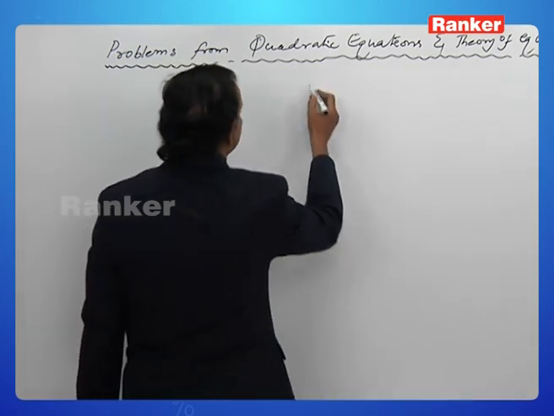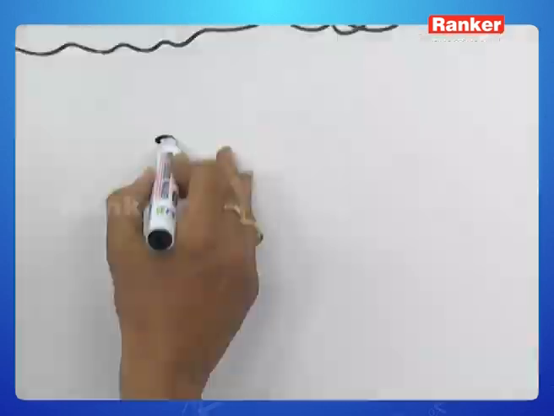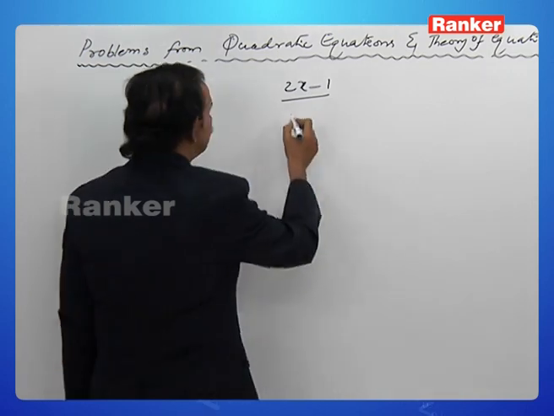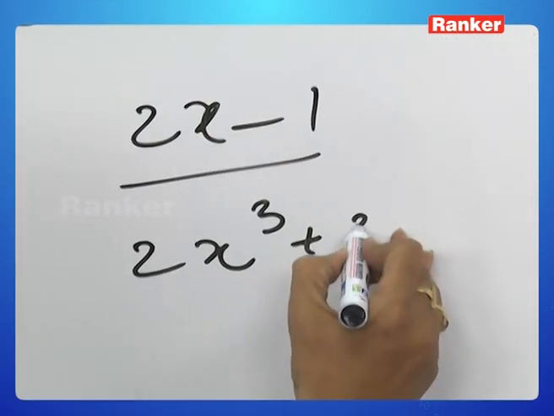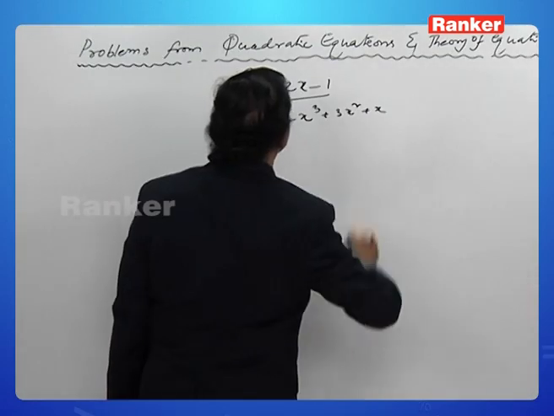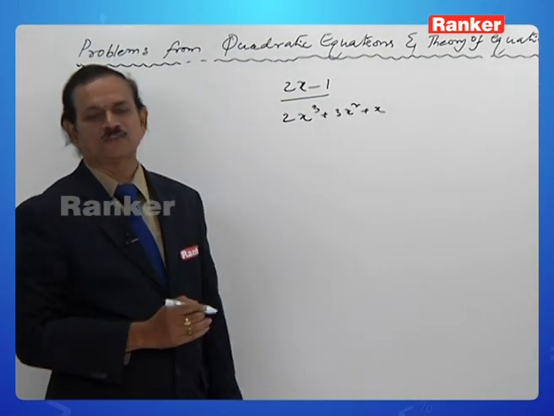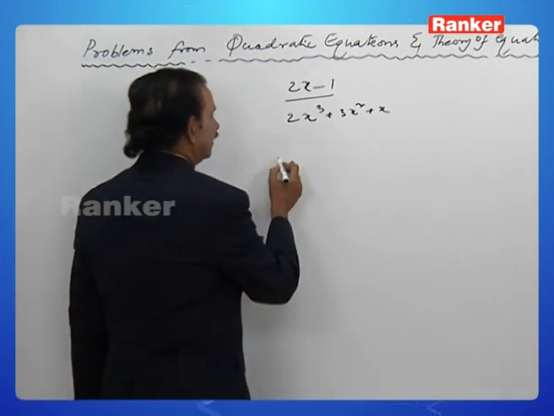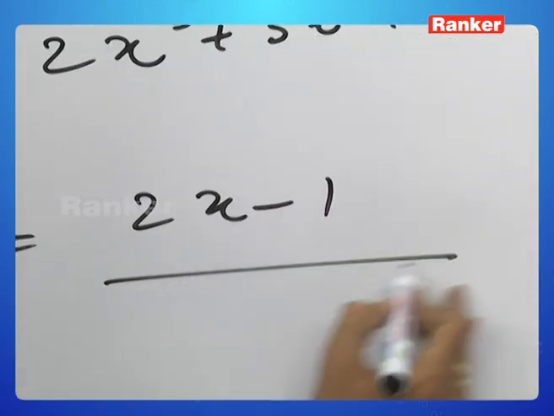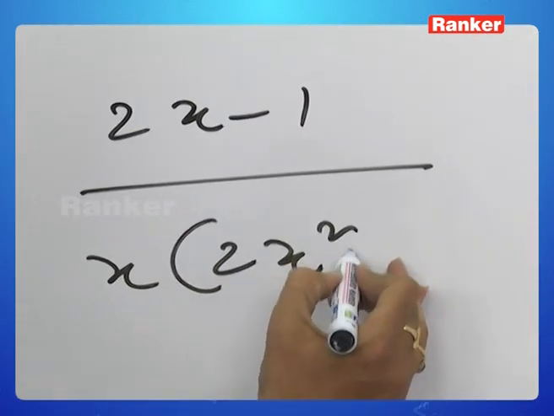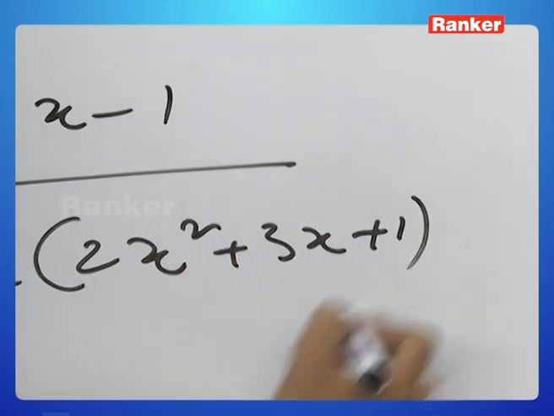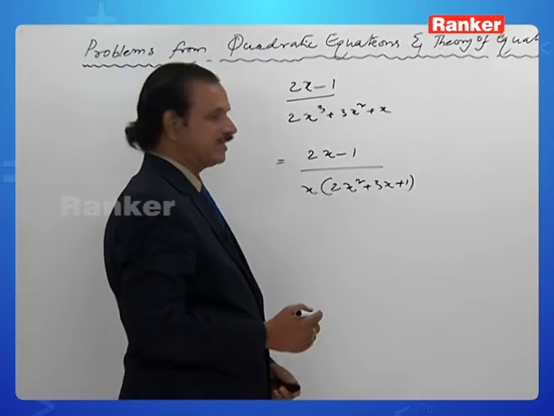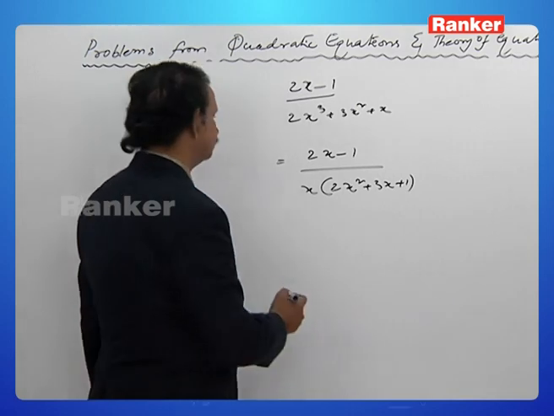What is that inequality? 2x minus 1 by 2x cube plus 3x square plus x. That is 2x minus 1 by x into 2x square plus 3x plus 1.